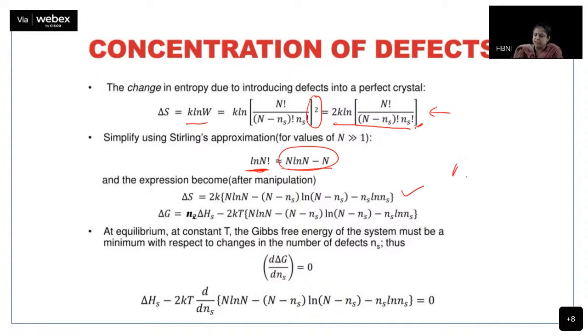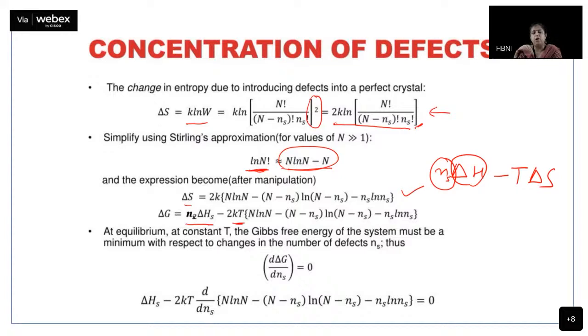Delta G is your delta H minus T delta S. Because there are n_s number of defects, if this is the delta H for creating one defect, then I multiply it by the total number of defects, so n_s delta H_s, and the delta S term I have multiplied by T. I get 2kT and this expression.